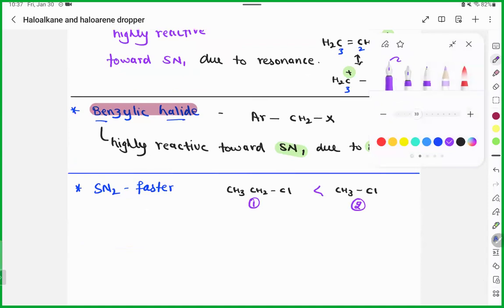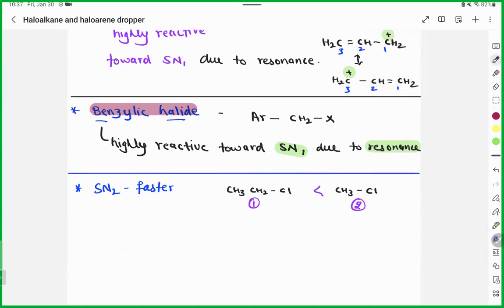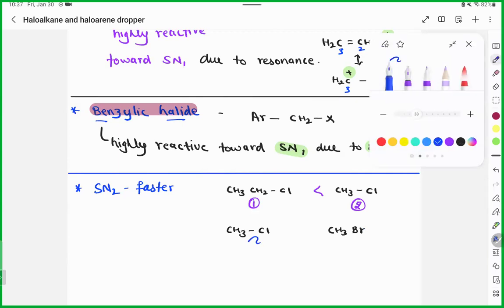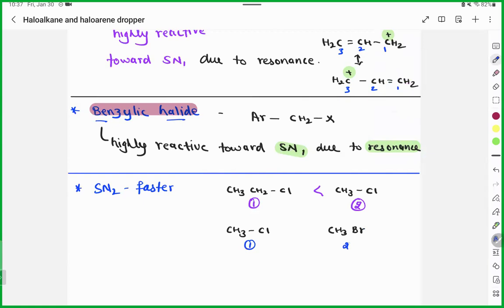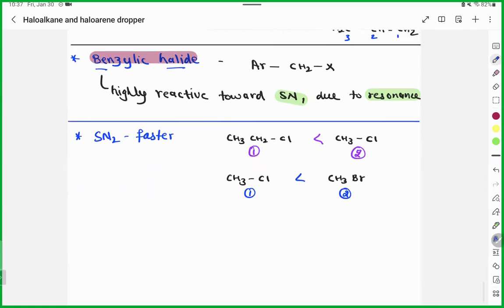Second example: if you see CH3Cl and CH3Br, Sara, which one will be more reactive? CH3Br. CH3Br, better leaving group, reactivity order of halogen.